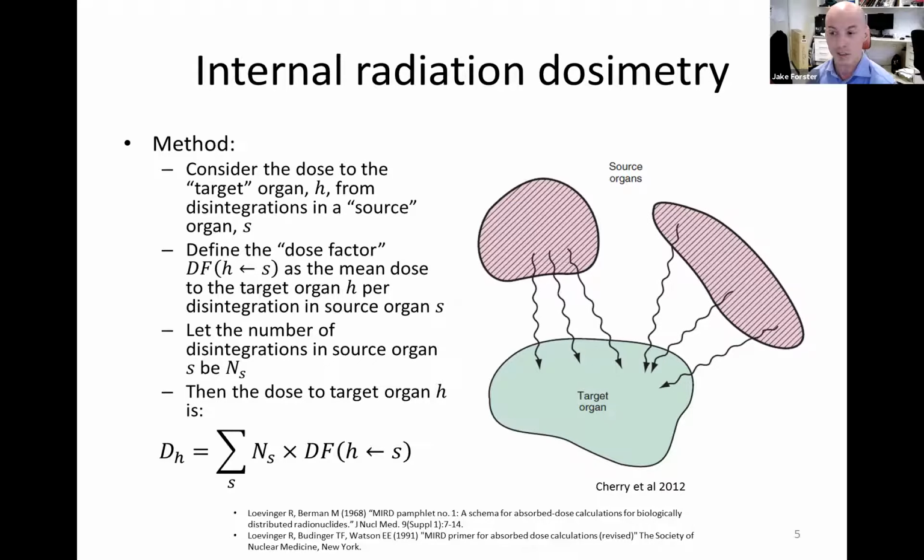So this is just calculating the dose to the target organ from one source organ and then from another source organ and adding them up. We should also note that the target organ, H, can also be a source organ for itself in general. And so this is the MIRD formalism.